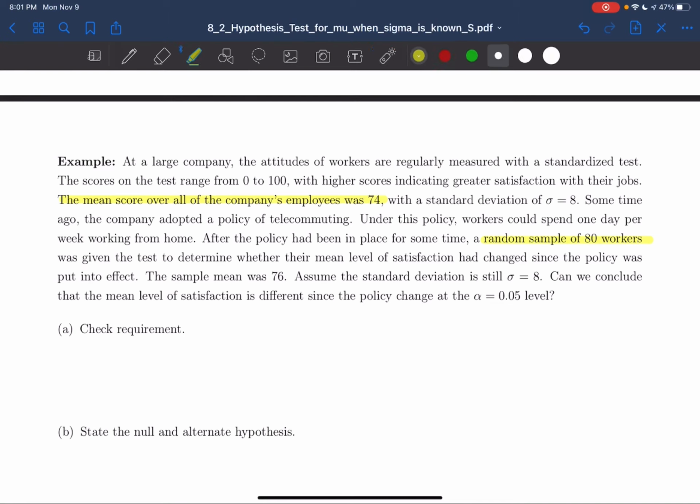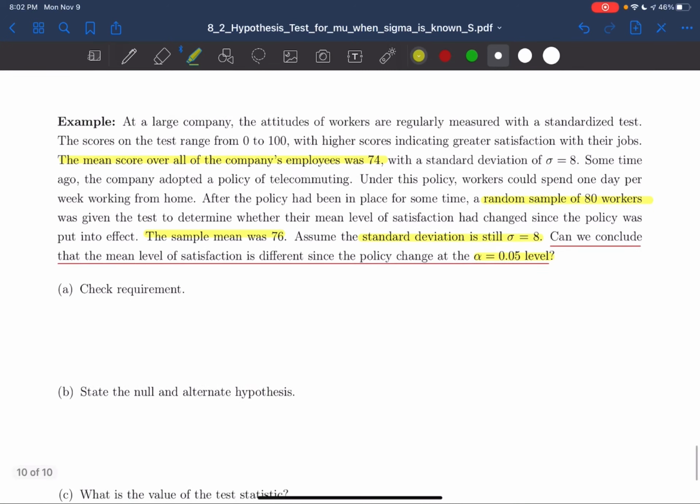The sample mean was 76. Assume that the standard deviation is 8. Can we conclude that the mean level of satisfaction is different since the policy change, with a significance level of 0.05?